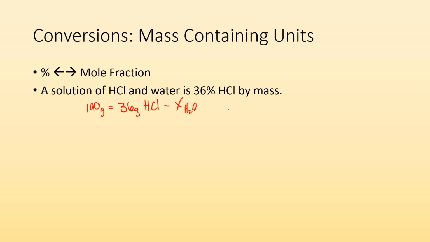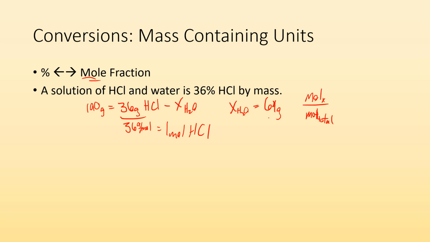So how many grams of H2O do I have? 64. And if I need the mole fraction, I remember it's moles of the thing divided by the total moles. So 36 grams of HCl divided by 36 grams per mole, I end up with 1 mole of HCl.